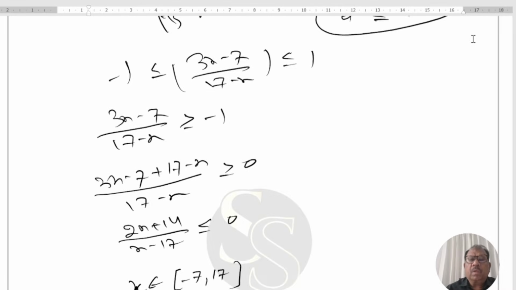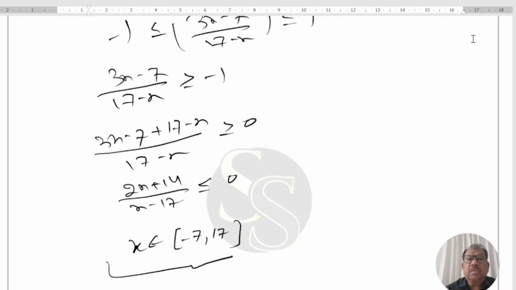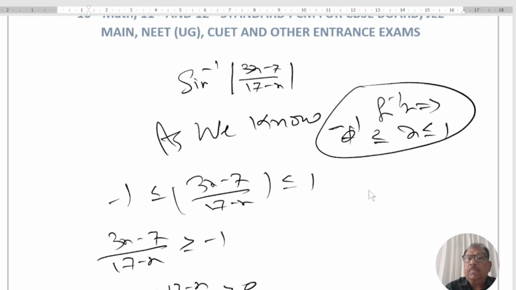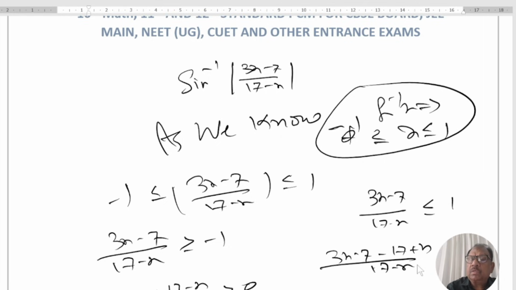In the second part, (3x minus 7) upon (17 minus x) less than or equal to 1. So (3x minus 7 minus 17 plus x) divided by (17 minus x) less than or equal to 0.